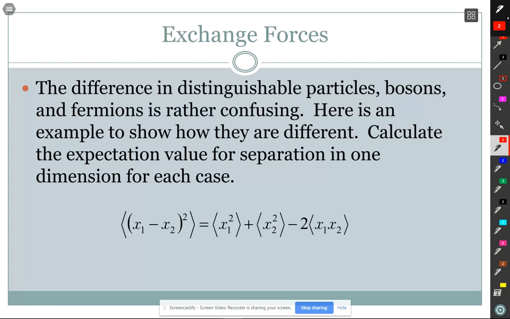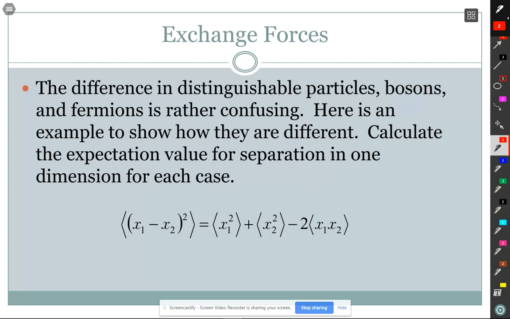That's right. So the expectation value of separation squared: you first do the square, so you have x1 squared minus x1 x2 minus x2 x1 plus x2 squared. And because x1 and x2 are separate particles, it doesn't matter what order they're in. So that's how we combine those to get this here.